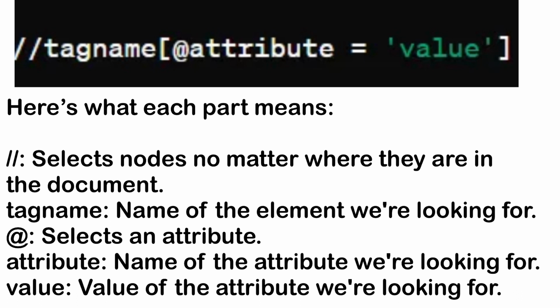The double slash selects the nodes no matter where they are in a document. Tag name is the name of the element that we're looking for. @ selects an attribute. Attribute is the name of the attribute we're looking for. Value is the value of the attribute we're looking for.